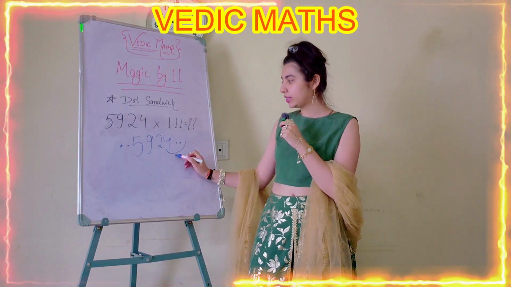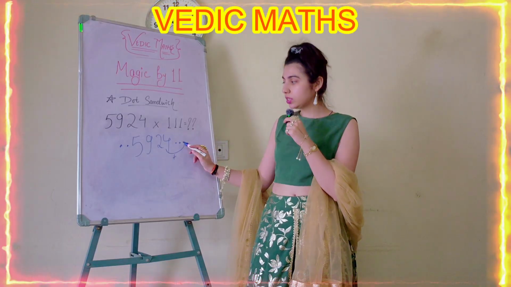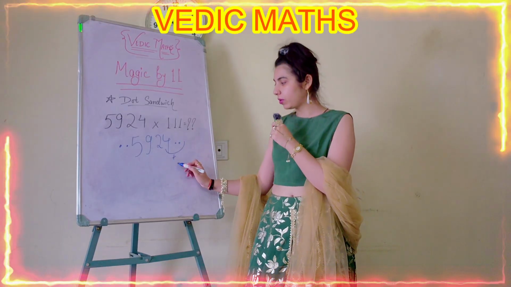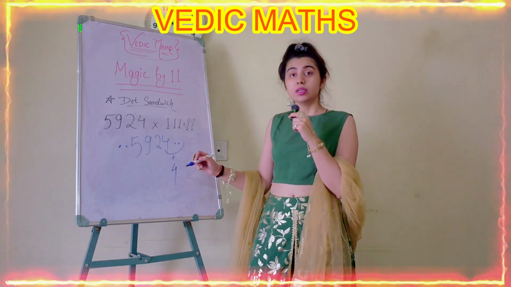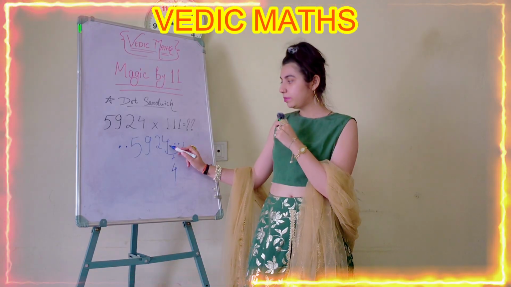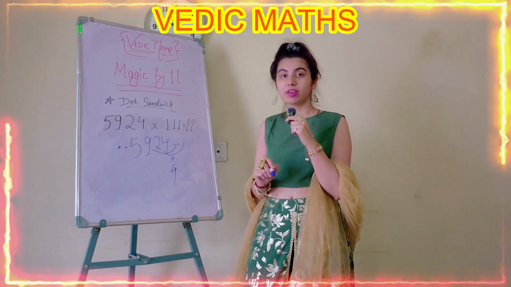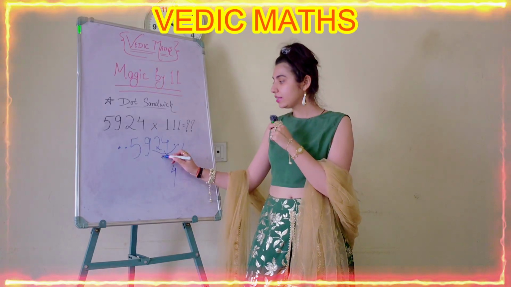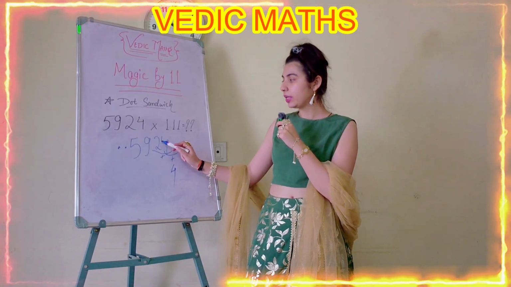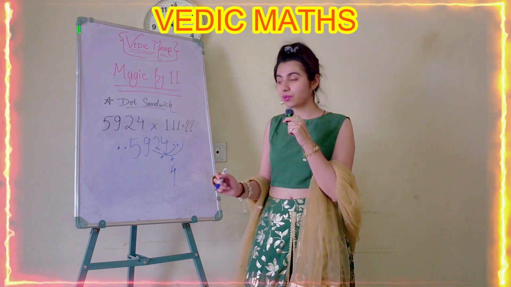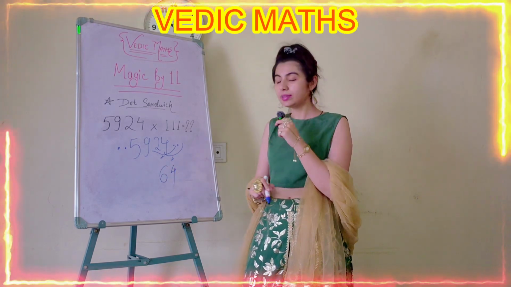Dot is 0, so 0, 0, 4 will be 4. Now dot plus 4 plus 2, so 0 plus 4 plus 2 will be 6. So write down 6.